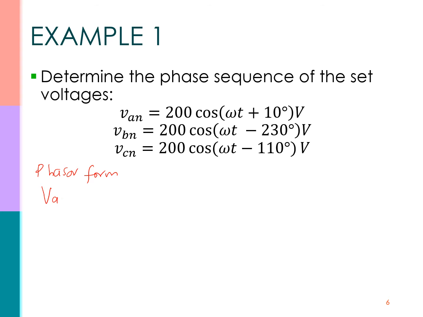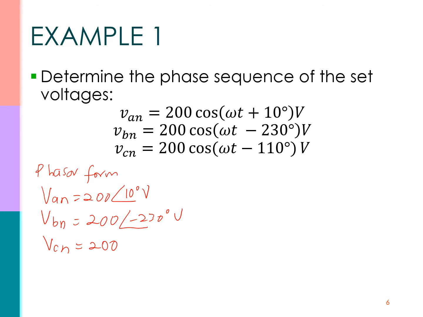So VAN will be 200 at 10 degrees volt, VBN 200 at minus 230 degrees volt, and VCN 200 at minus 110 degrees volt.